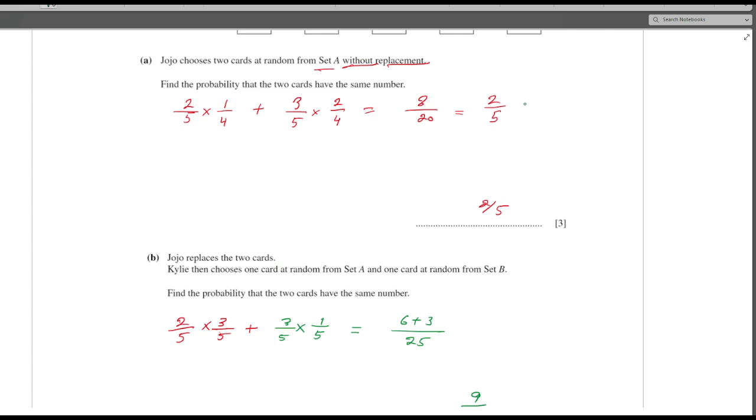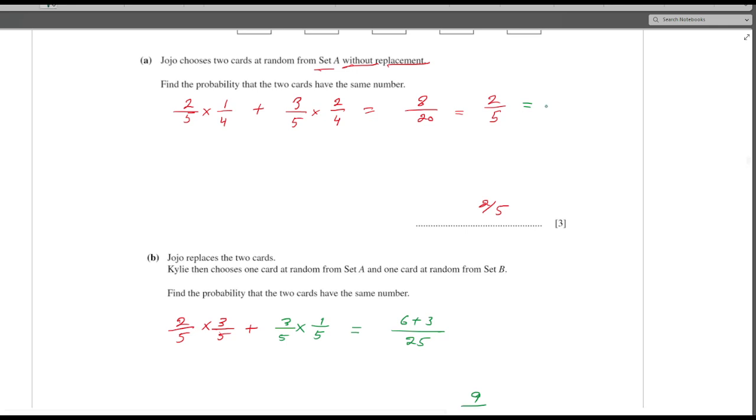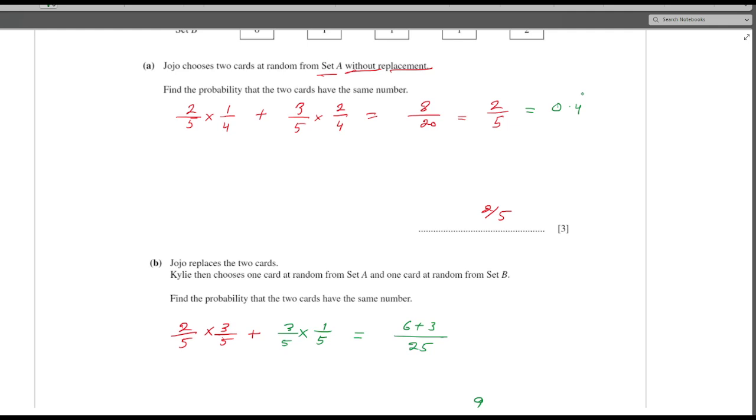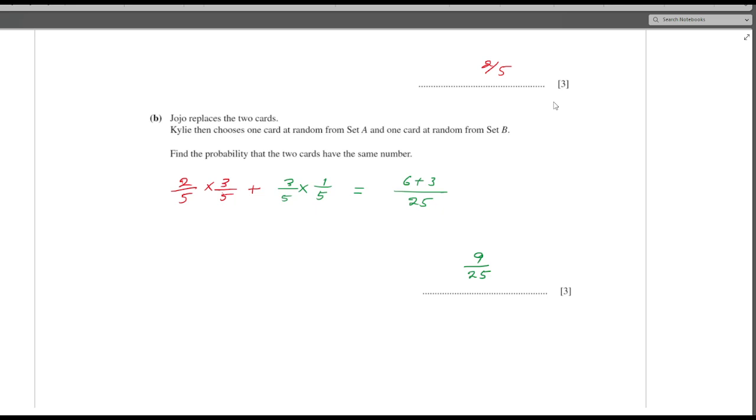Now this 2 divided by 5, if I convert to decimal, 5 4s are 20, so this is 0.4. And in the second case, it is 9 divided by 25, which is 0.36.